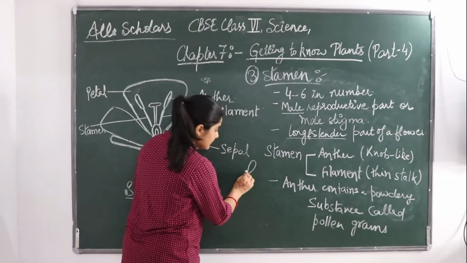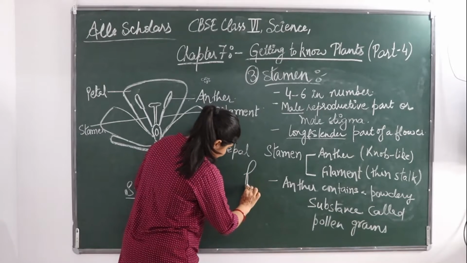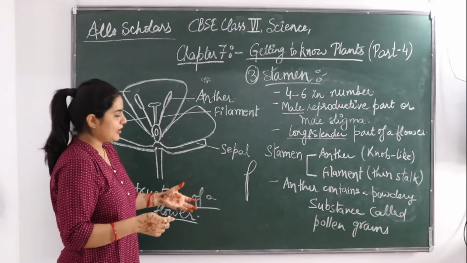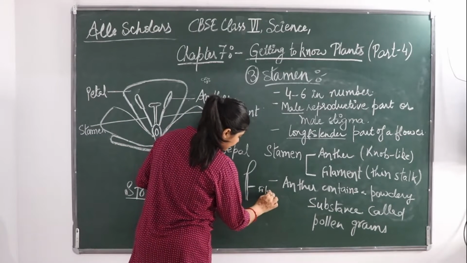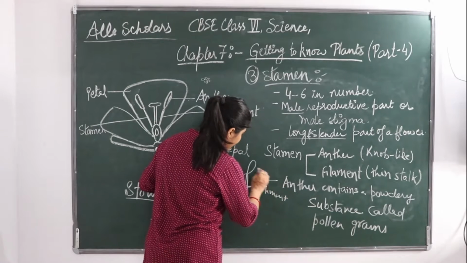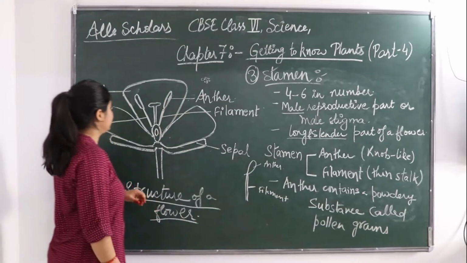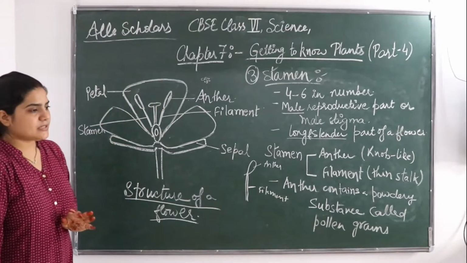Sometimes the shapes may vary. So this is a filament, and this portion is an anther.